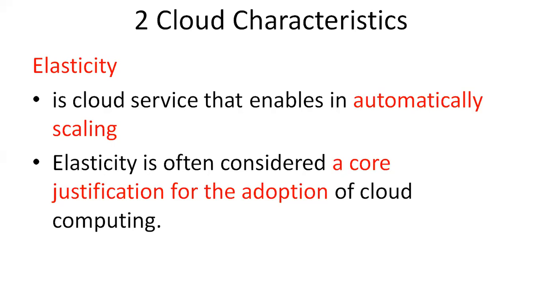That's called vertical scaling, and then you will perform horizontal scaling. Elasticity is considered a core justification for the adoption of cloud computing. That means this type of facility, automatic scaling, is available in a cloud.